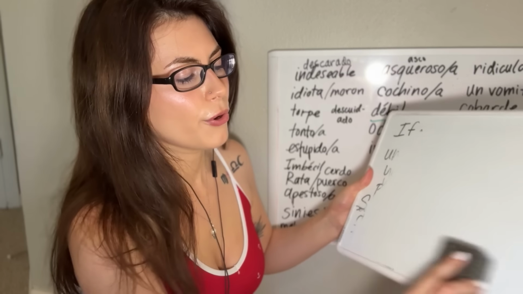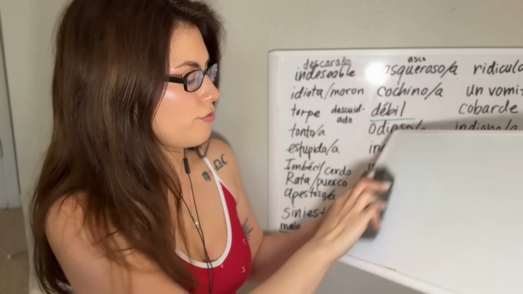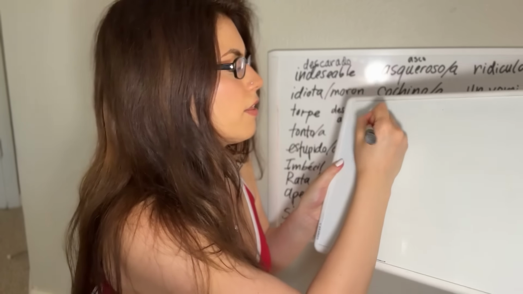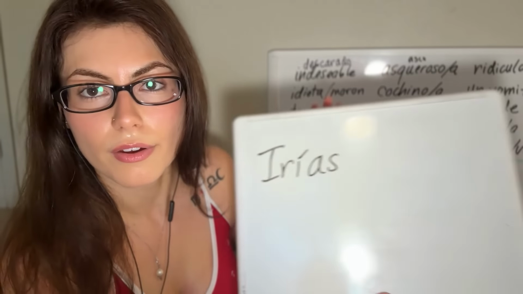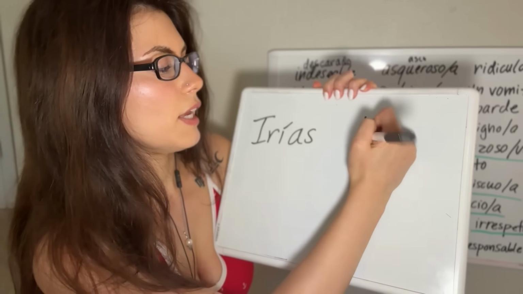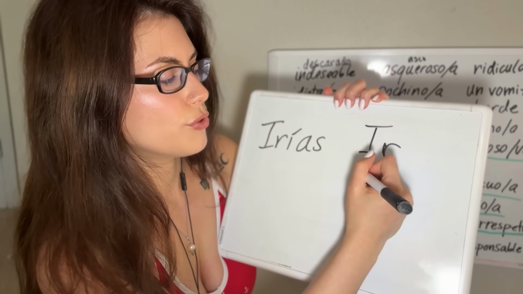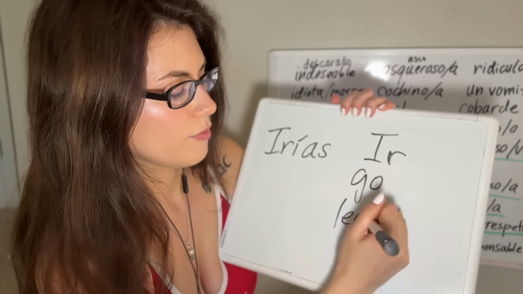Let me just go over this word with you right here. This one that I've included in the sentence, irías, okay? So ir, as many of you know, is to go, to leave.